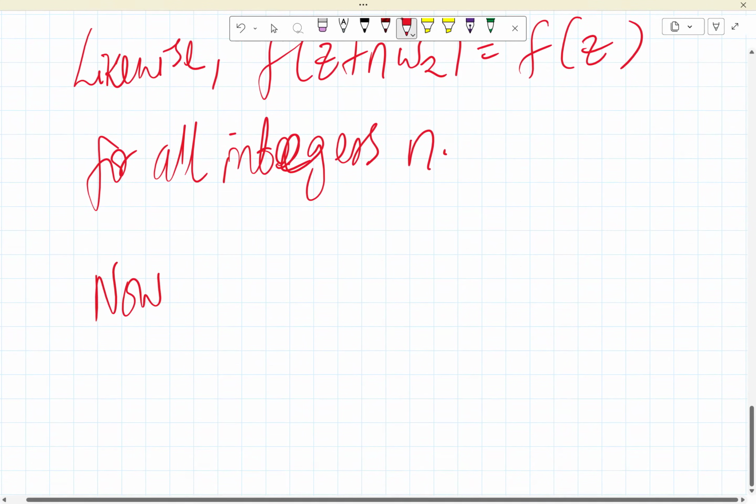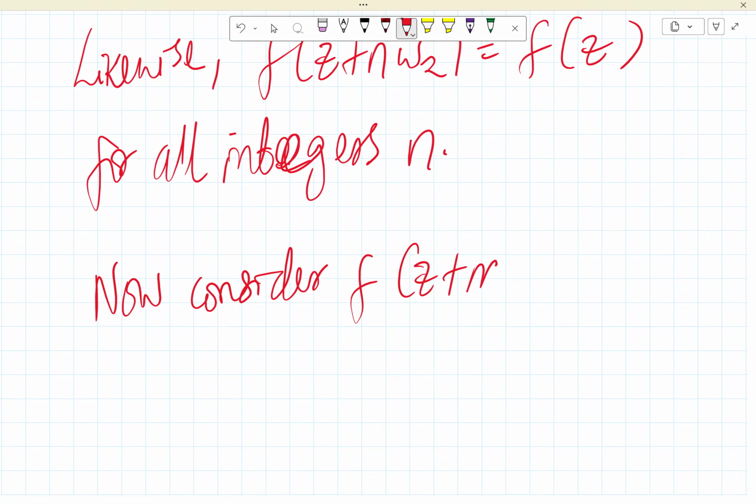Now we consider f of z plus m omega 1 plus n omega 2.